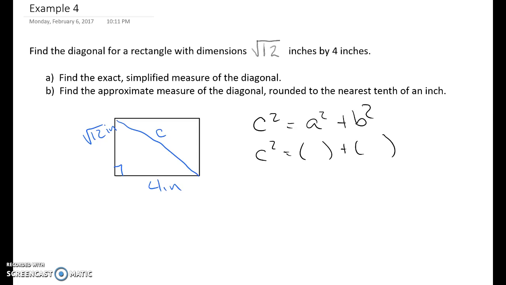I will substitute the values I was given into that Pythagorean theorem. And I'll remember, if I have the square root of 12 and I square that, square root and squaring are inverse operations, and I'll just get a 12 out.